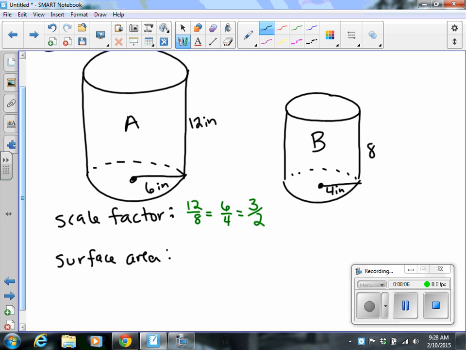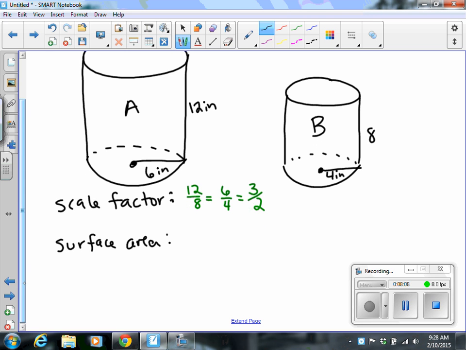Go ahead and do that. For the surface area ratio, I don't even have to find the surface area. I can just use my scale factor numbers and already know what my surface area ratio is. I've got 3 squared over 2 squared, which is 9 over 4.